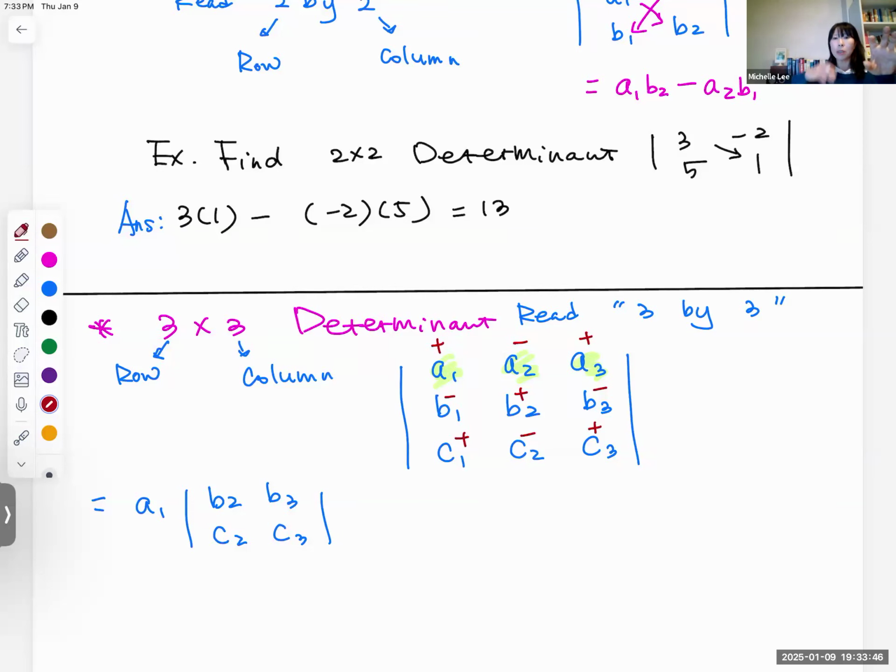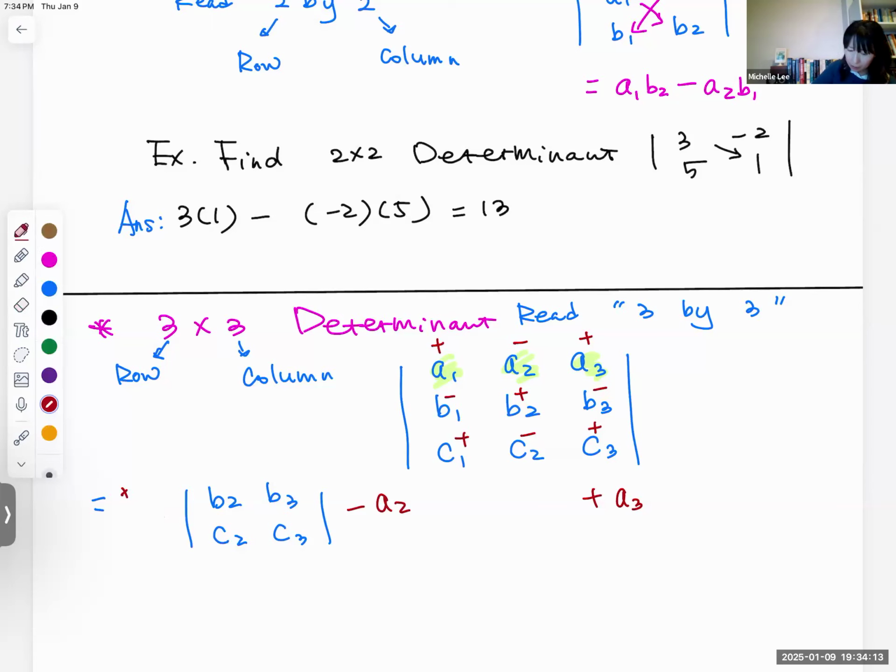So a sub 1 is positive, and normally we don't write the positive. The second one, a sub 2, is negative. And the third one, a sub 3, is positive, right?